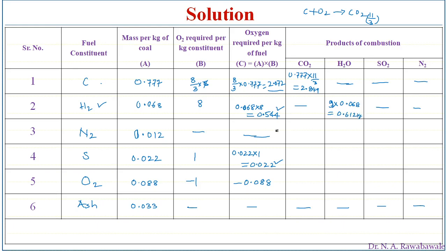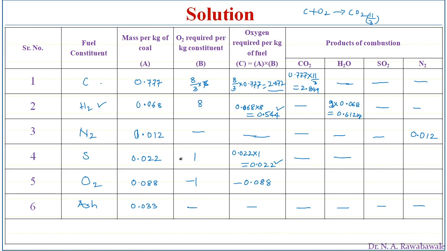Then on combustion of nitrogen, it does not produce carbon dioxide, water, or sulfur dioxide, and the same nitrogen comes out as 0.012. Then on combustion of sulfur, it does not produce carbon dioxide or water, but it produces sulfur dioxide.